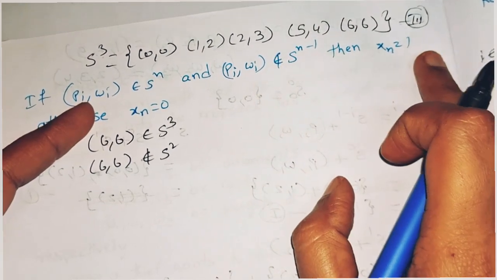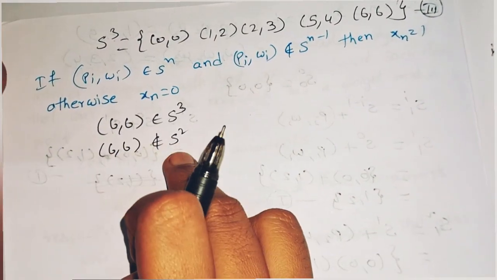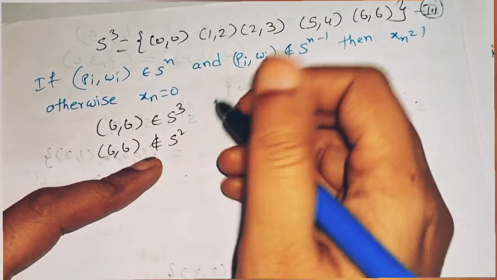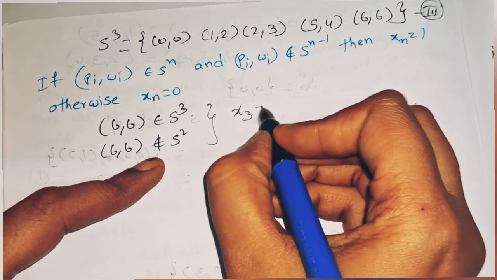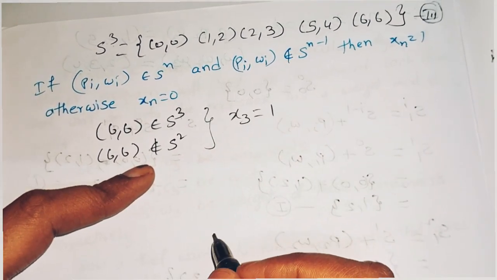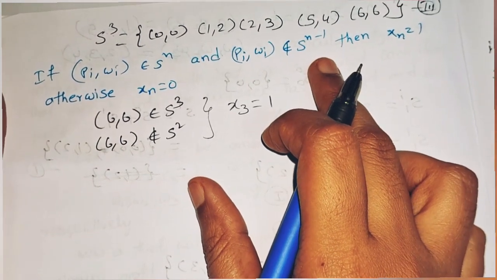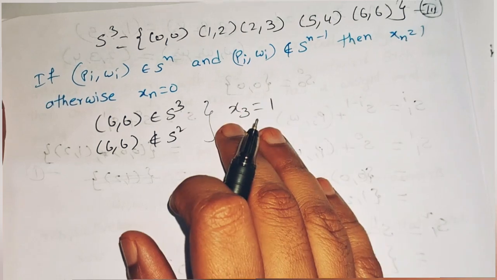That's why Xn equals 1. Or else, if 6, 6 is also available in S2, then Xn will become 0. So here X3 will become 1, based on this condition. Now we will leave X3, the third item, because it is 1.